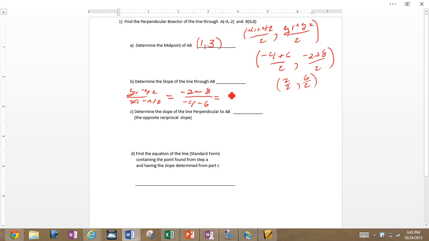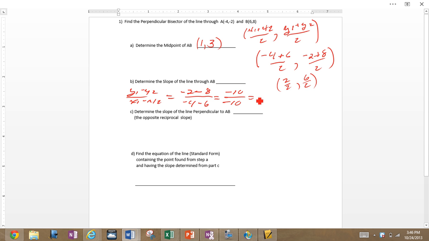So let's make sure we're good with our signs here. This slope is going to come out to be -2 minus 8, which is -2 plus -8, which is -10, over -4 plus a -6, which is also -10.